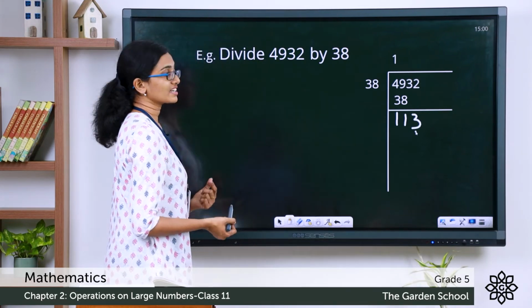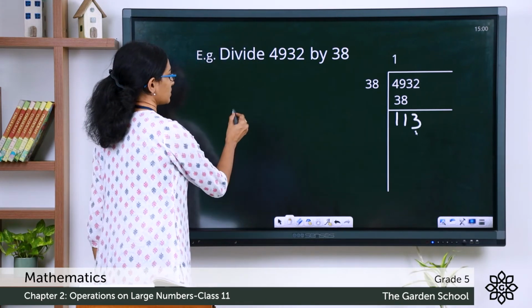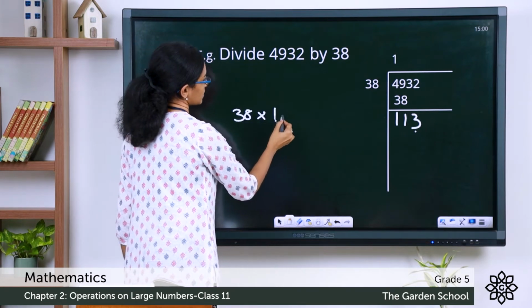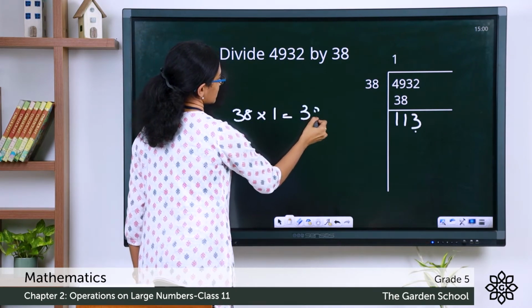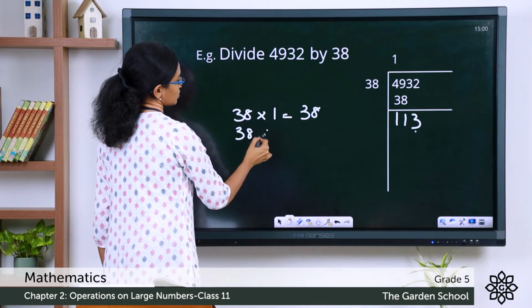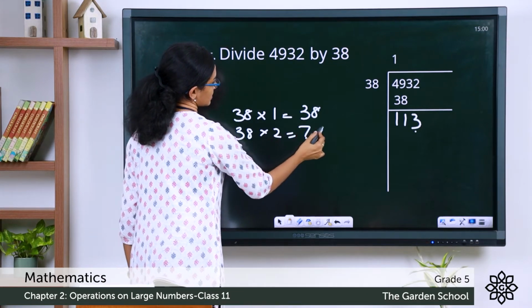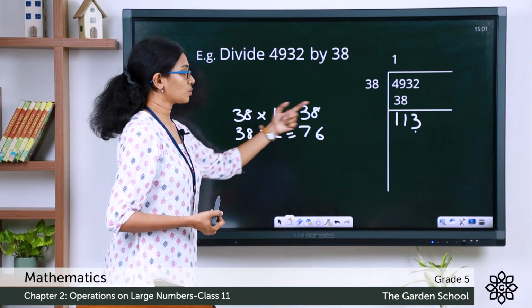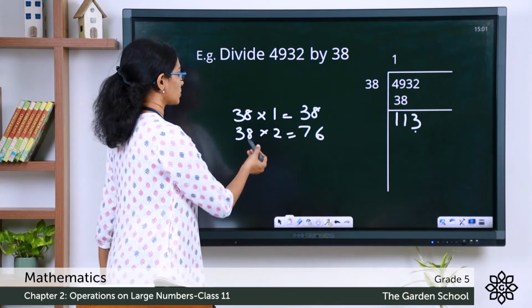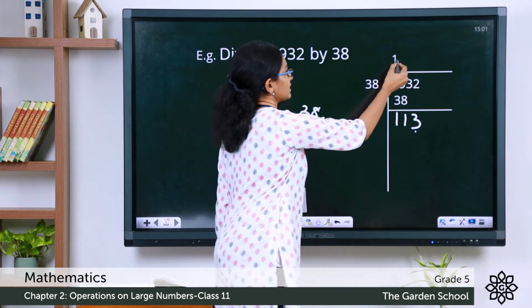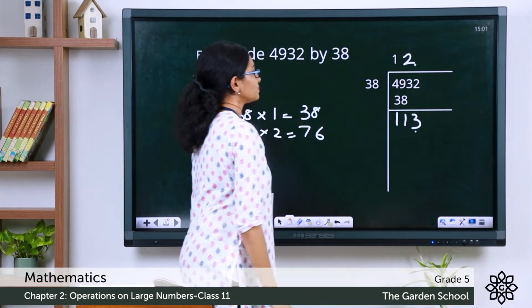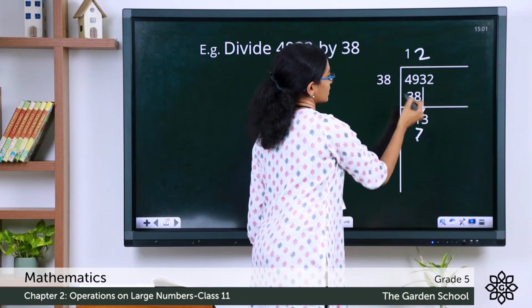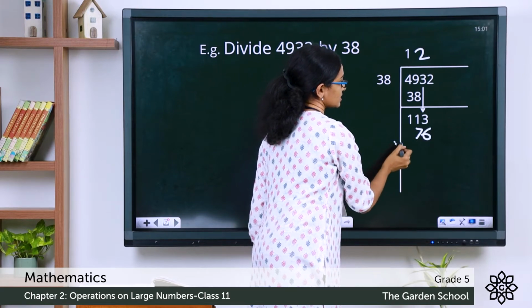How many 38s are there in 113? 38 ones are 38. 38 twos are 76. Now, will 3 38s go in 113? No, right? So, let's take this 2 and write this here. Now, 2 into 38 is 76.